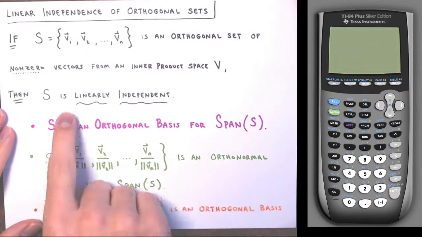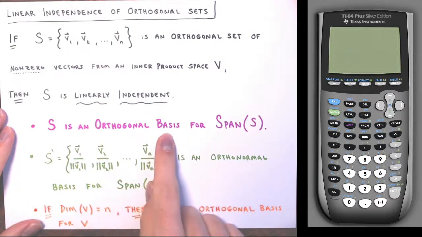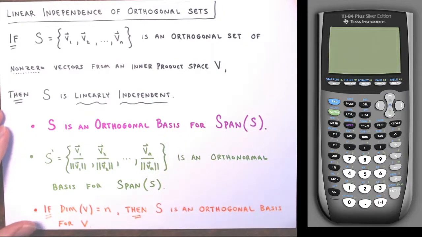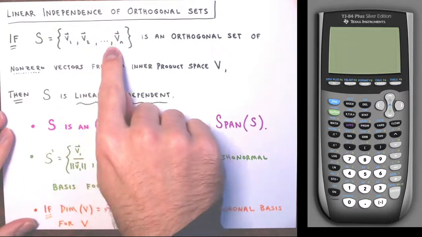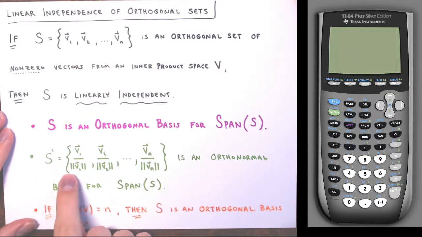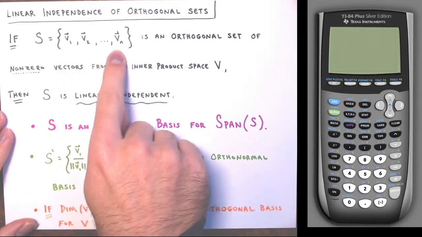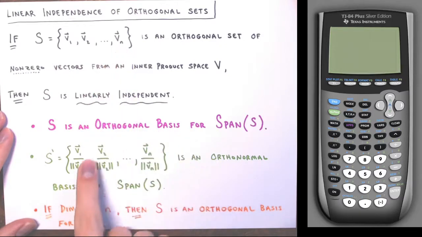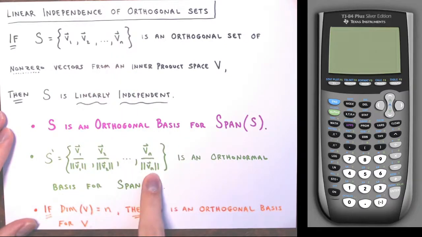So S would be an orthogonal basis for the span of S. And if you'd like an orthonormal basis for the span of S, just divide each vector by its norm. That's what I've got here. So S prime, which is every vector from the orthogonal set S divided by its norm, would be an orthonormal basis for the span of S.